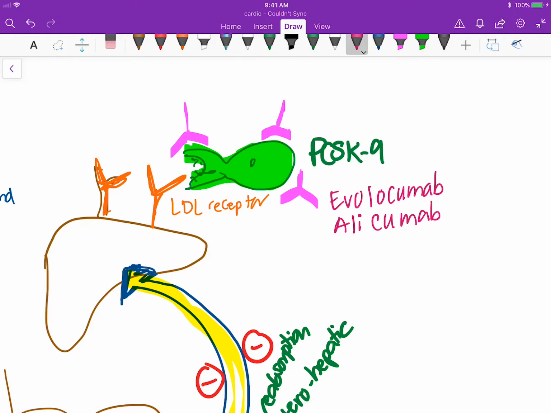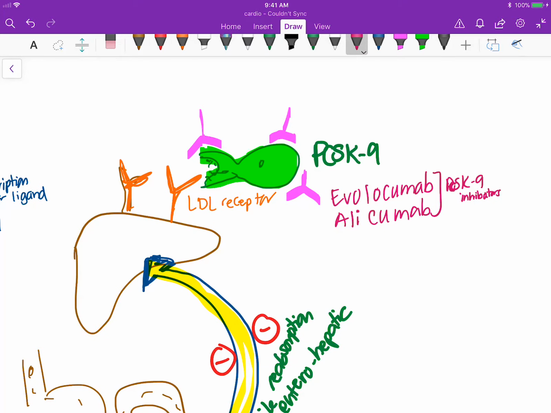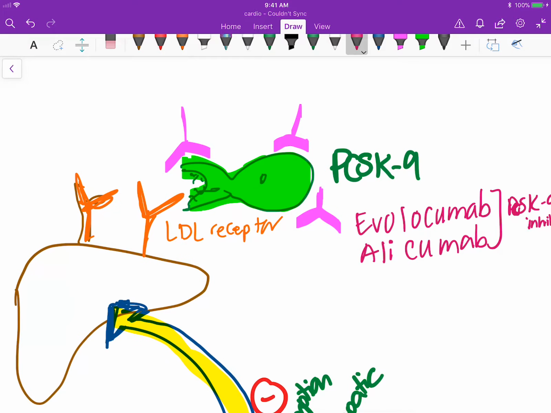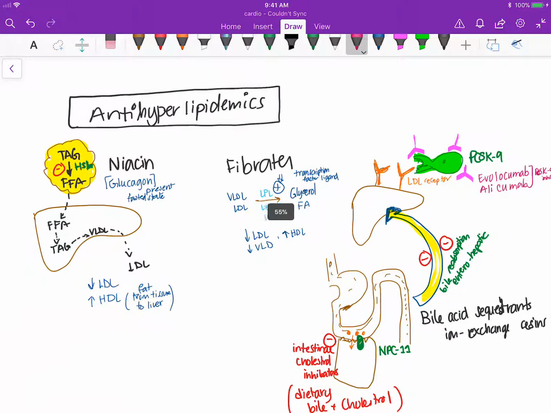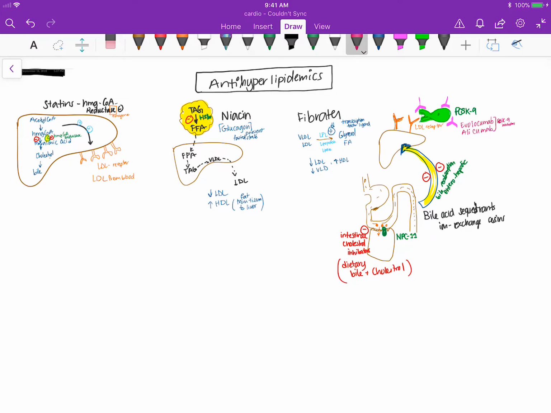So these guys are PCSK9 inhibitors. And they prevent the PCSK9 from eating up the LDL receptors. So as a result, LDL receptors are staying longer on the liver. So this is the way to take care of the lipids, a high lipid problem in your body.